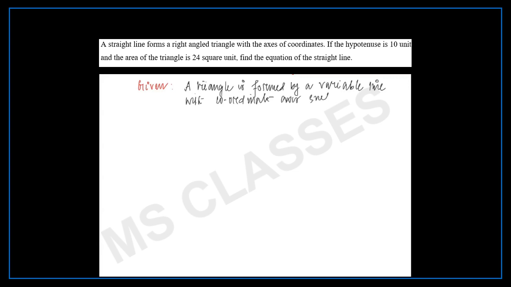Such that length of hypotenuse of the right angle triangle thus formed is 10 unit and area is 24 square unit.